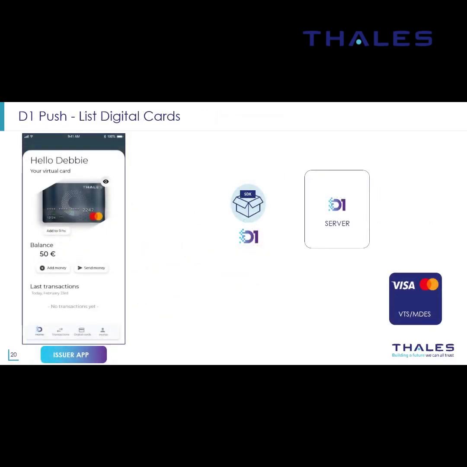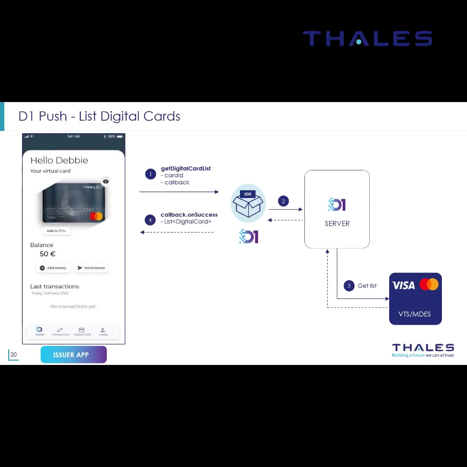List digital cards. The D1 SDK offers a feature for listing digital cards that have been created from a particular funding card. To achieve that, the issuer app could invoke the getDigitalCardList API method and provide a card ID. The SDK will communicate to the D1 backend, which will further call the respective TSP to retrieve the list of digital cards in third point.